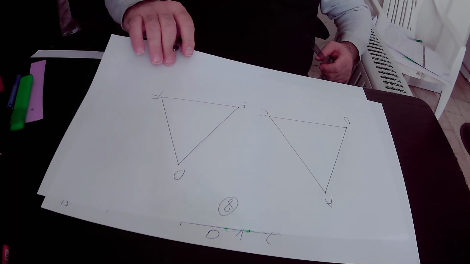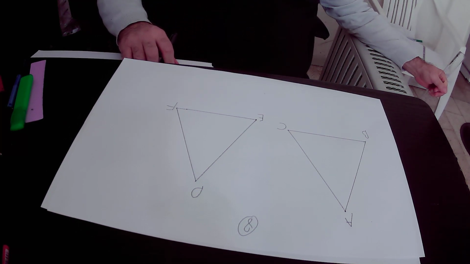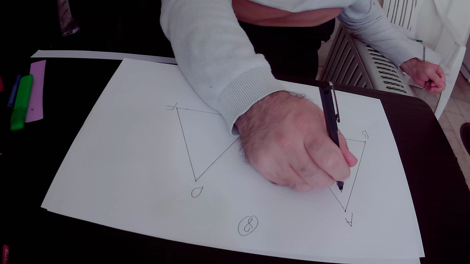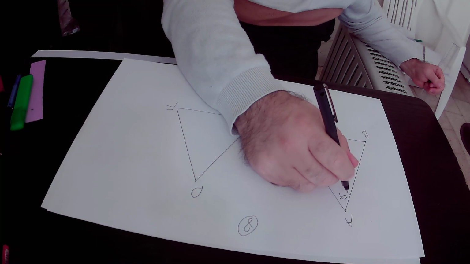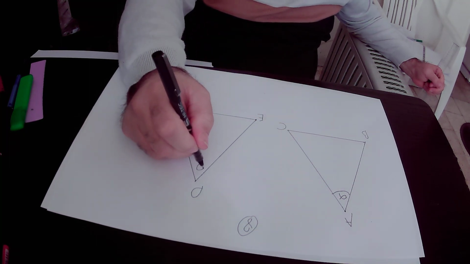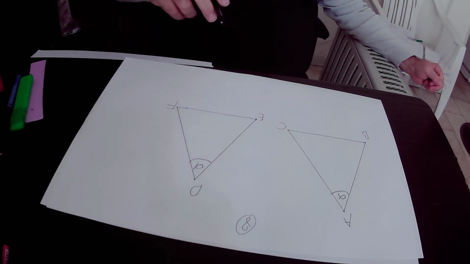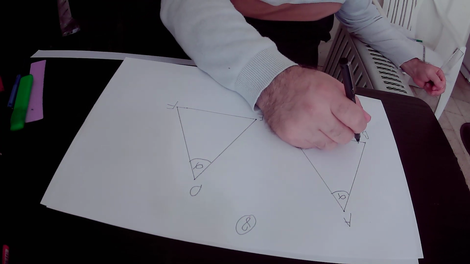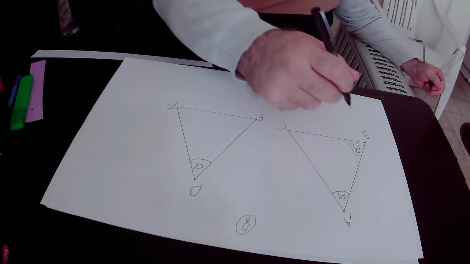And in those two triangles, we have two pairs of angles that are congruent. The first pair of angles that are congruent are those angles. This angle equals alpha, and this angle also equals alpha. This is the first pair of angles that are congruent in those triangles, and we have also a second pair of angles that are congruent. The second pair of angles that are congruent are angle beta equals angle beta.